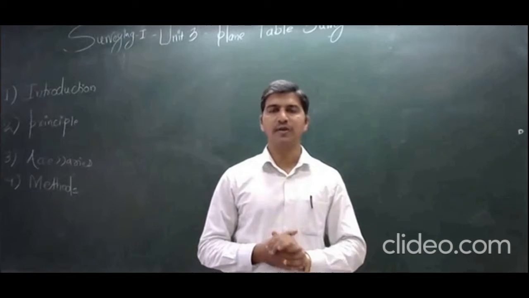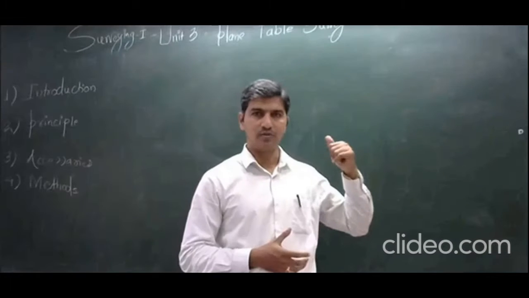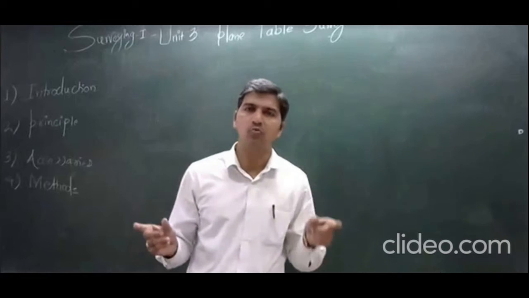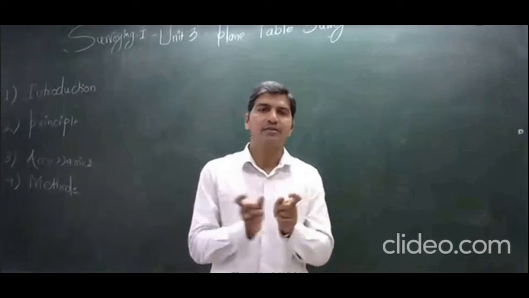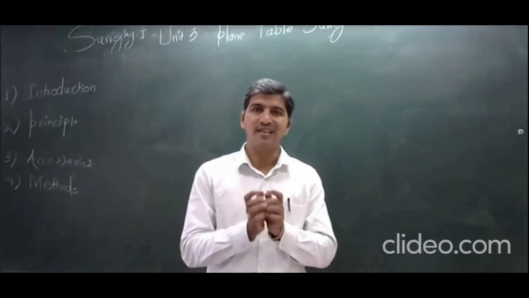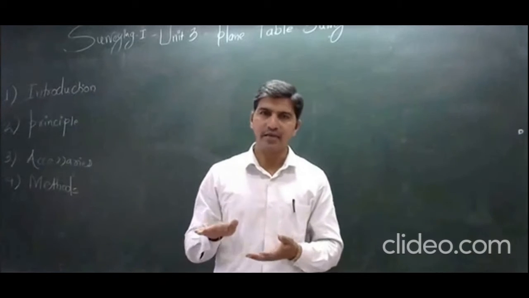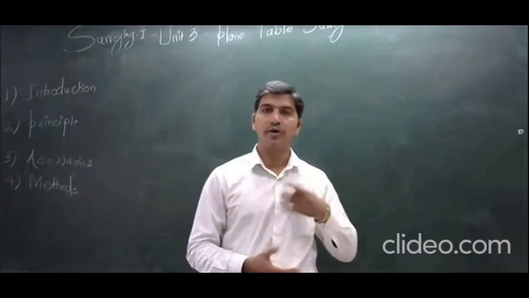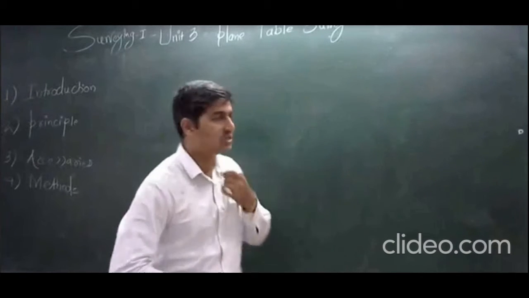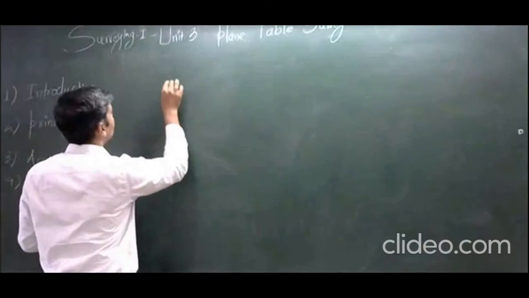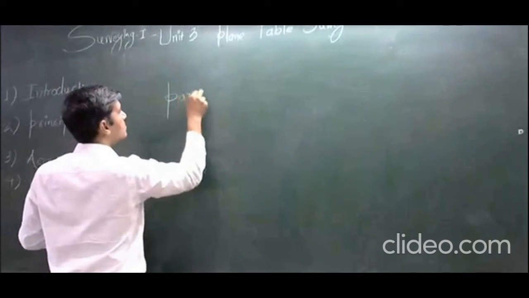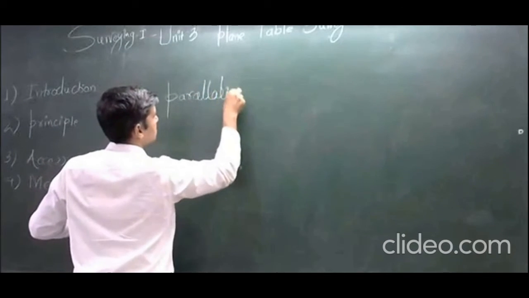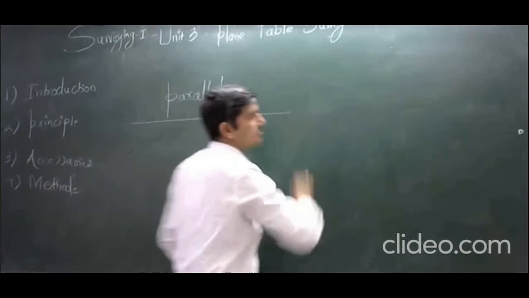But in case of plane table survey, unit number 3, both the field work and lab work will be done at the same time, simultaneously, while taking the observations. Okay, how does it work?